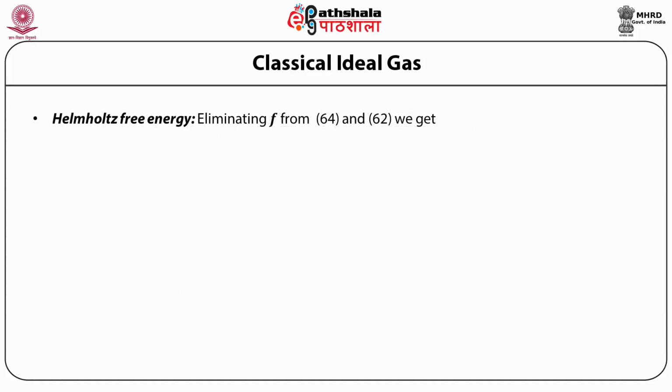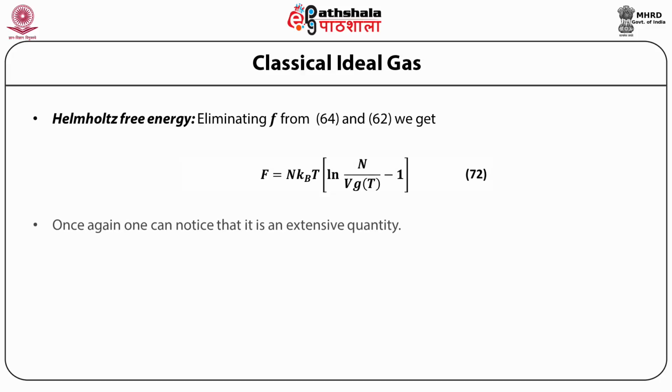Helmholtz free energy: eliminating f from 64 and 62, we get F is equal to n kBT log of n divided by volume multiplied by g(T), minus 1.